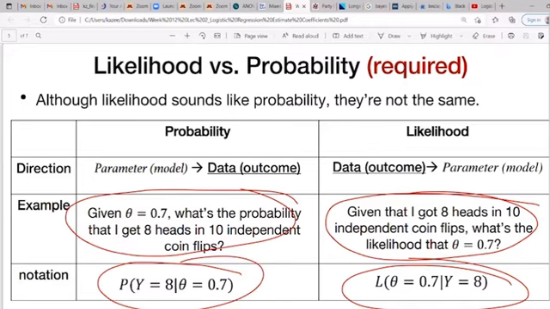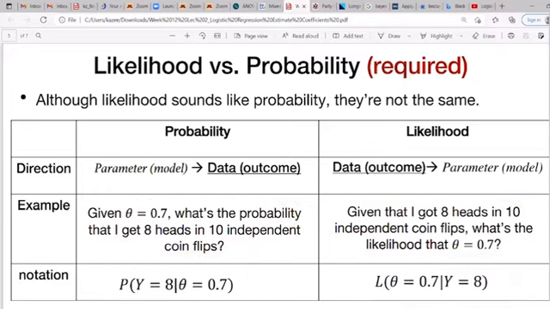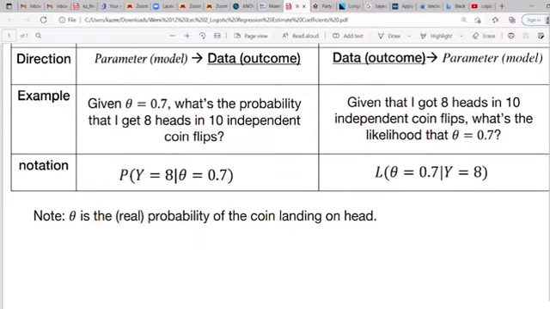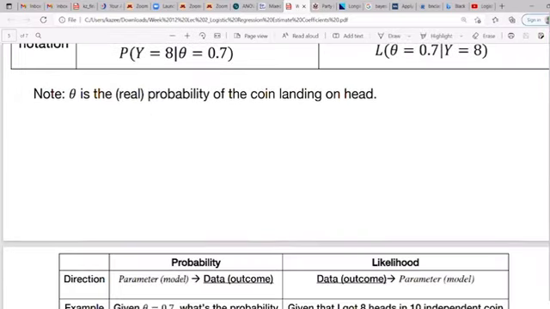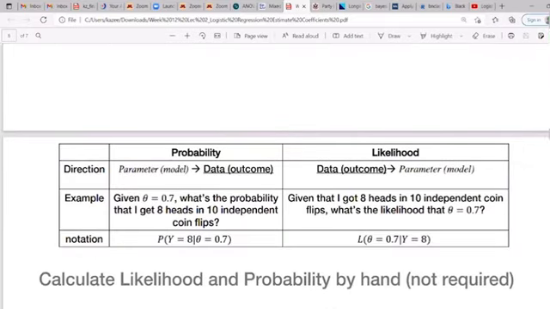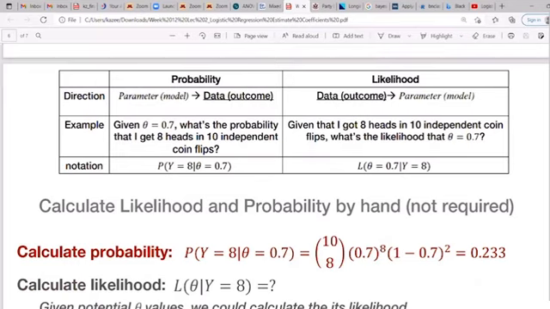If you get that, I'm going to continue now. I told you theta represents the probability of the coin landing on heads. I think I've walked you through the difference between the probability and the likelihood now.